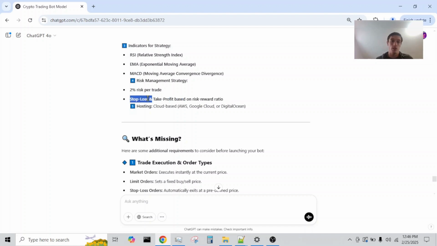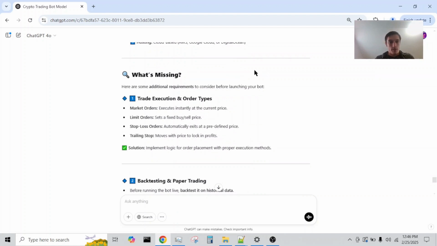We need to understand what our stop loss and take profit are going to be. Hosting, we can see AWS, Google Cloud, or DigitalOcean. I think we will end up going with an EC2 instance on AWS, free for a year, and that'll give us some time to make some profit. What's missing?